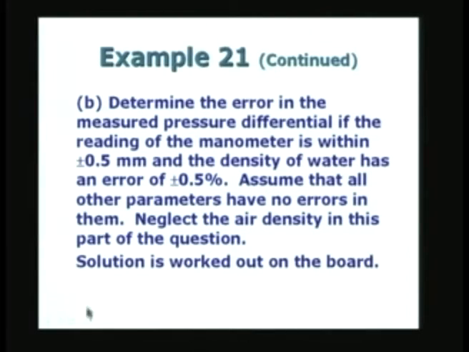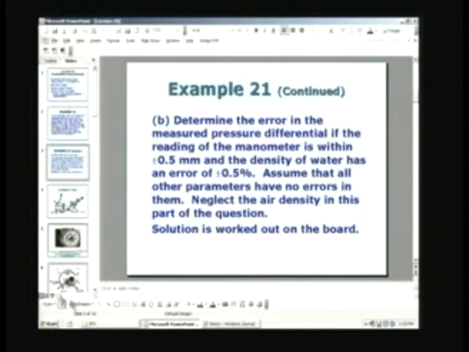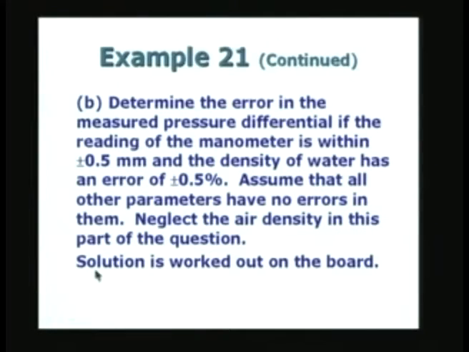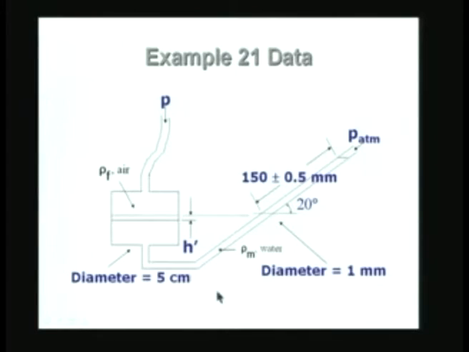So, what I will do is I will work out the solution on the board. In fact, I will show you exactly what the data is. So, I have made a sketch for the example.